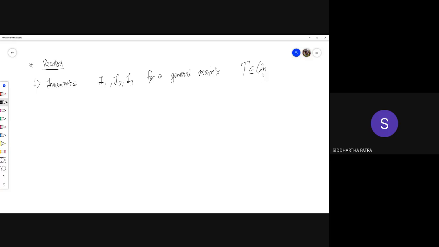So Lin is the set of all 3 by 3 matrices.